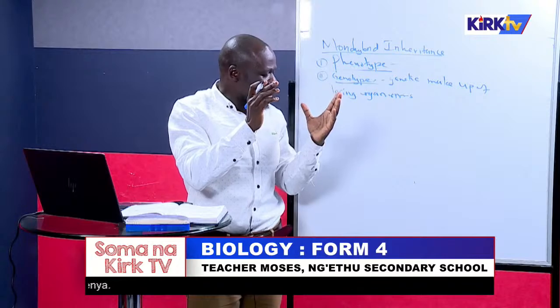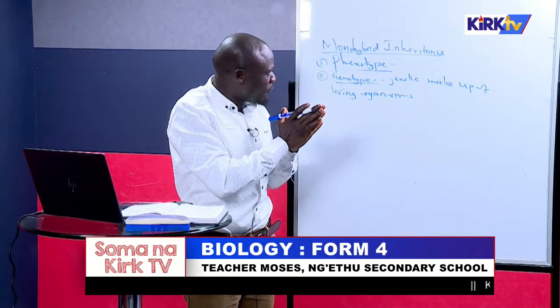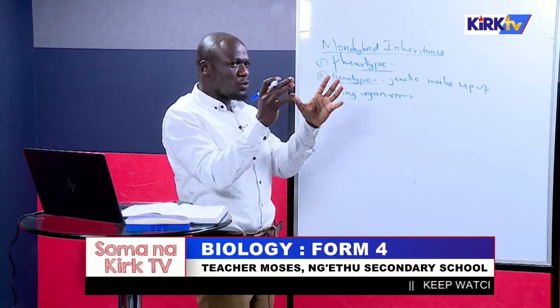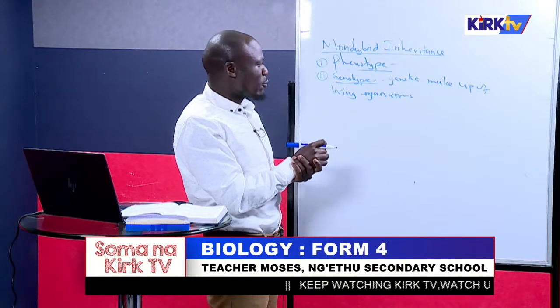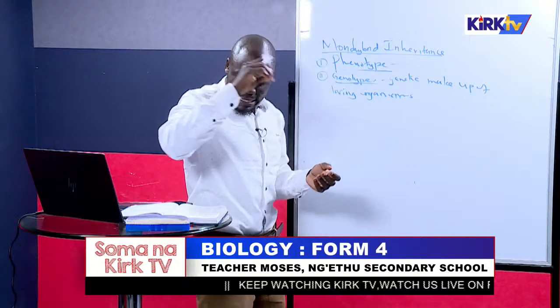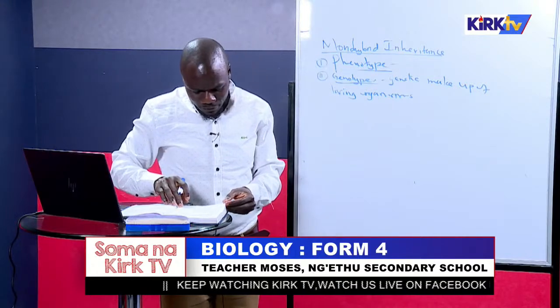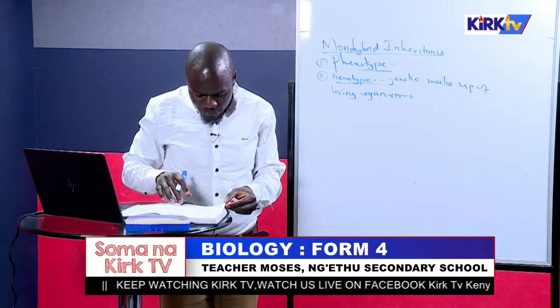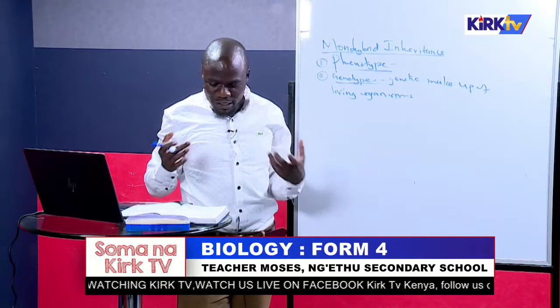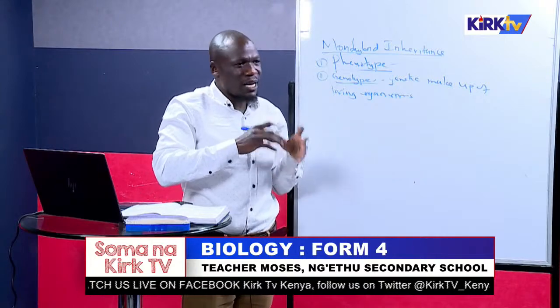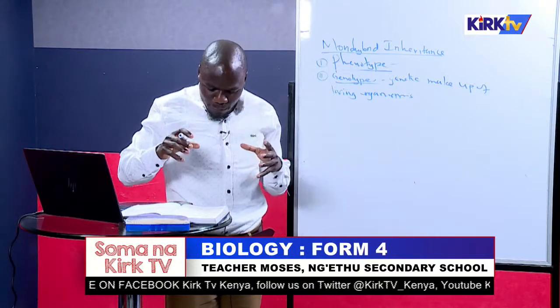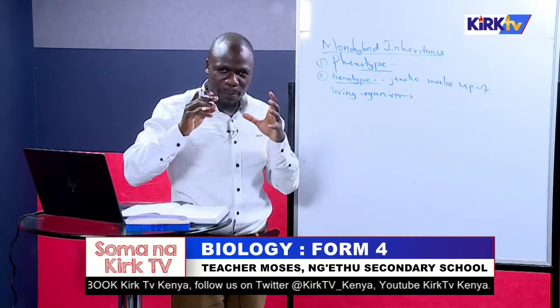But in this concept of monohybrid, before we do the genetic crosses, there's also a very important thing that we should know. There are those things that must be there in carrying out a genetic cross. Those details must be known to the learner so that you do the genetic cross in a better way.